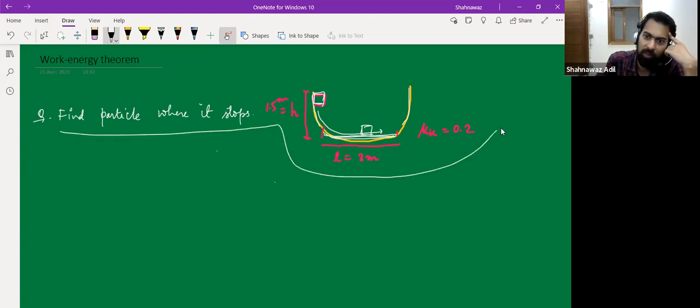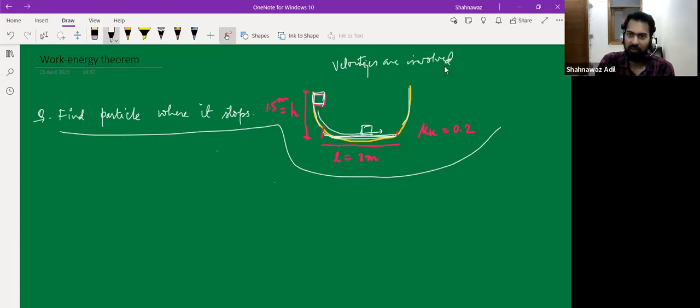Up to this point, whatever concepts we have learned so far, which concept will we use to solve this problem? Whenever you see velocities are involved, there will be some kinetic energy, and whenever there is kinetic energy, we can apply what?